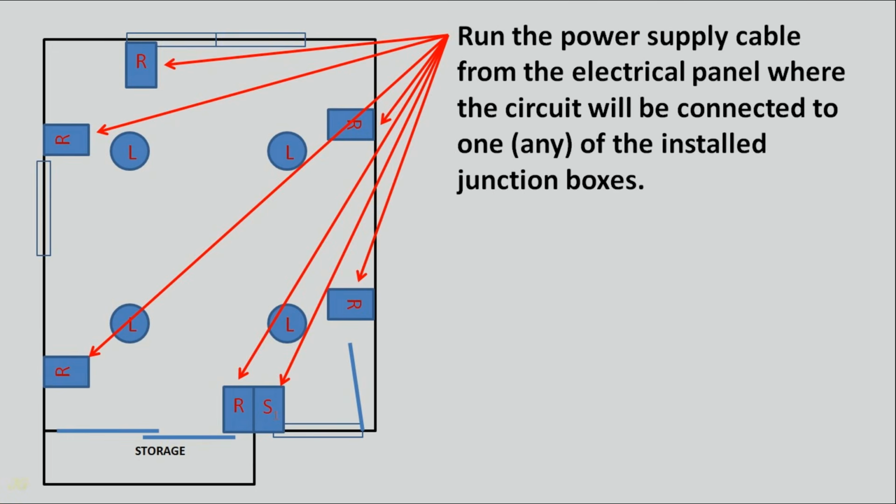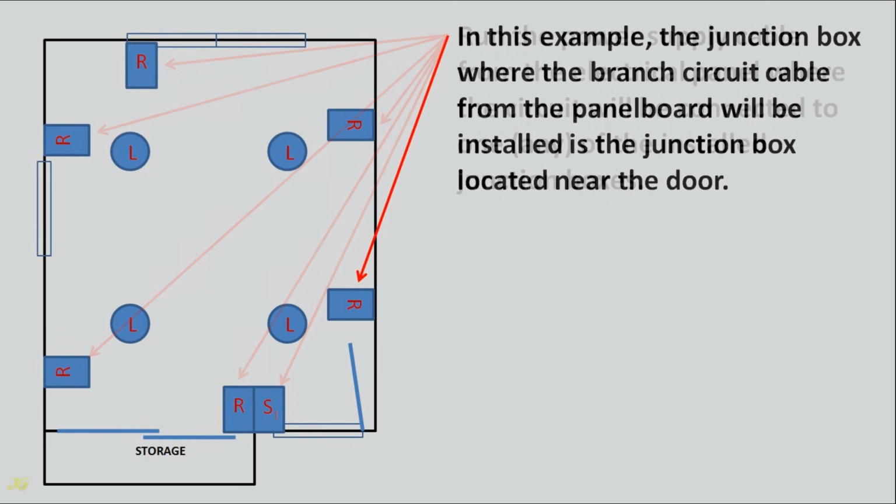Run the power supply cable from the electrical panel where the circuit will be connected to any of the installed junction boxes. In this example, the junction box where the branch circuit cable from the panel board will be installed is the junction box located near the door.